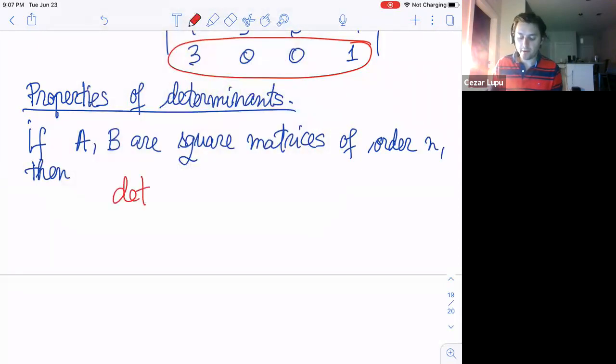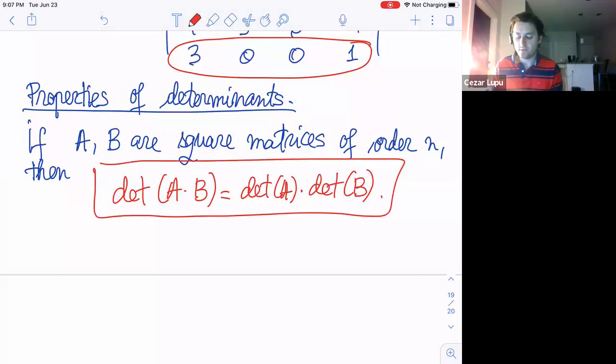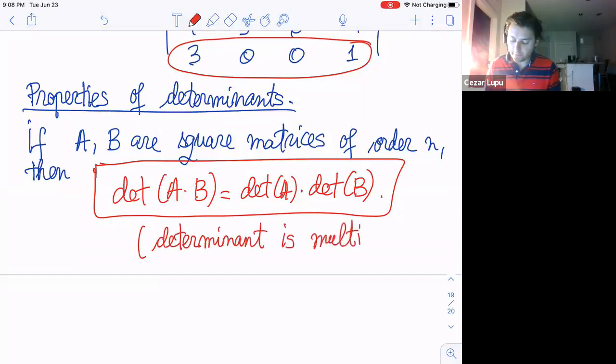The determinant of A times B is nothing else than just the determinant of A times the determinant of B. So in other words, we call this: the determinant is multiplicative.